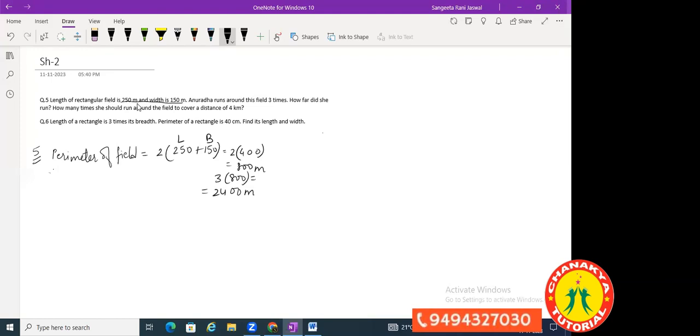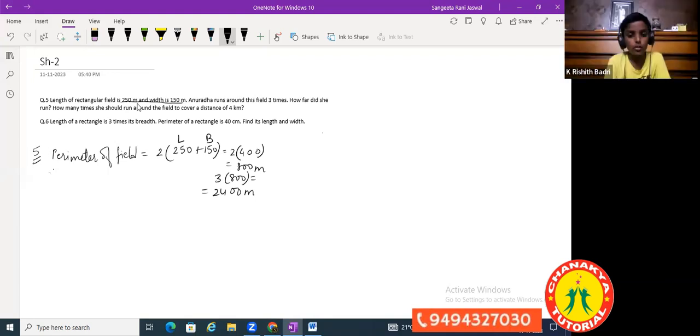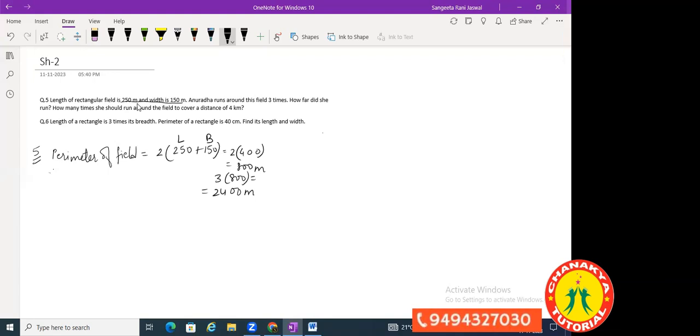Now we have to do into 3. 8 times 3 is 24. Add 2 extra zeros. So it is 2,400 meters. So the distance that Anuradha ran is 2,400 meters, that is 2 kilometers 400 meters.